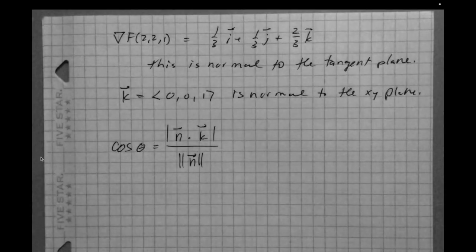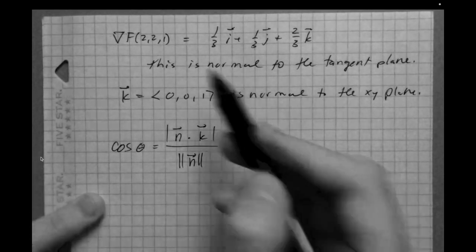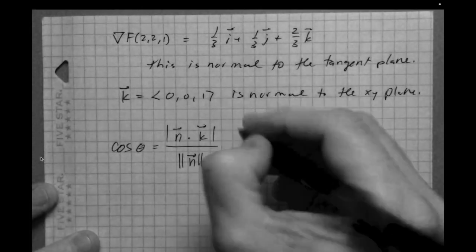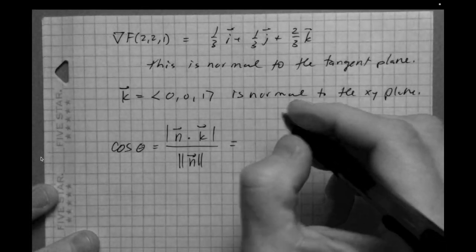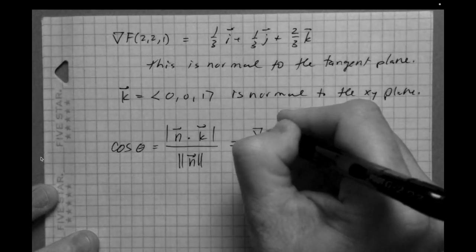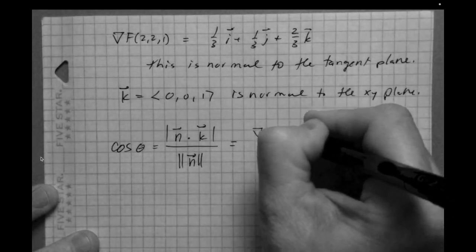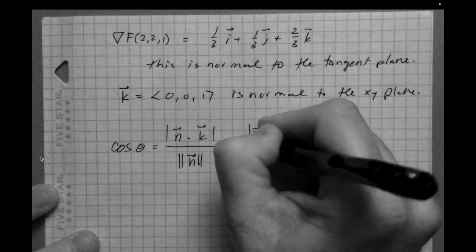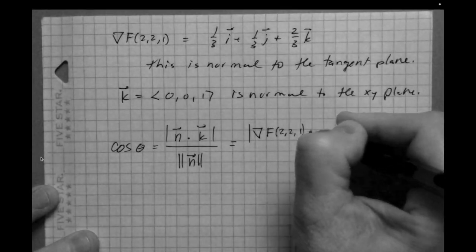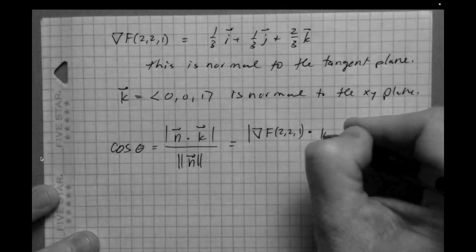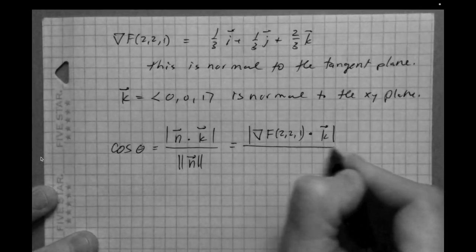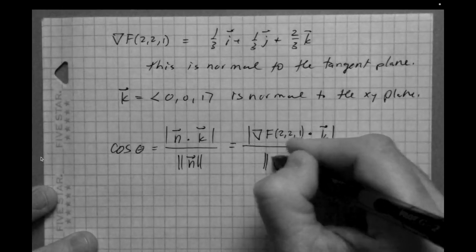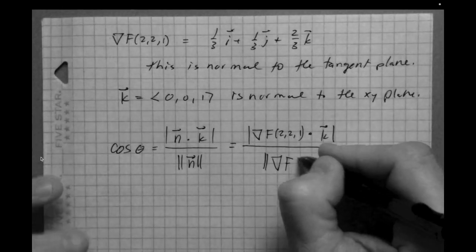So in our case, k is k, and n is this gradient vector here, the gradient of f evaluated at (2, 2, 1). We want to dot that against k, and then identify the norm of that gradient vector and divide by that.